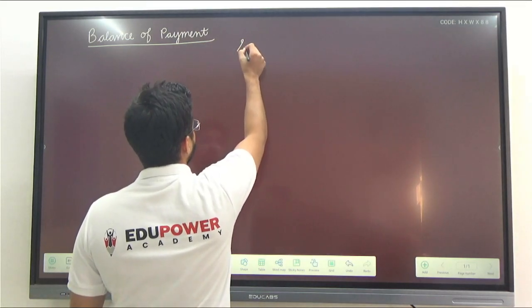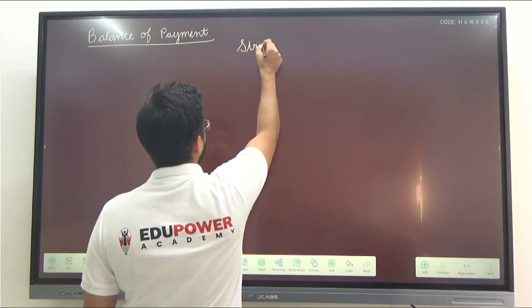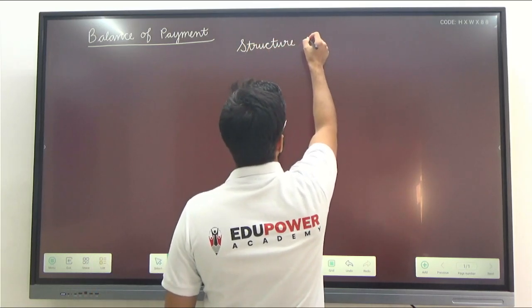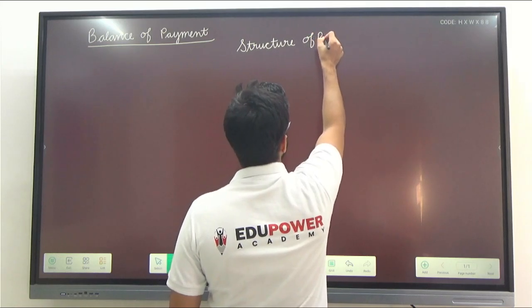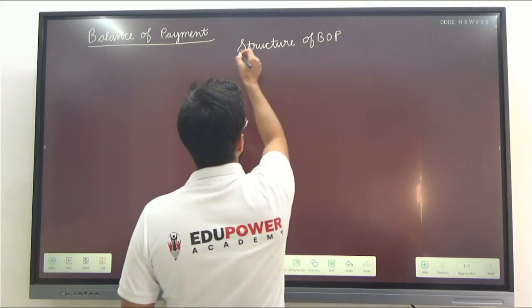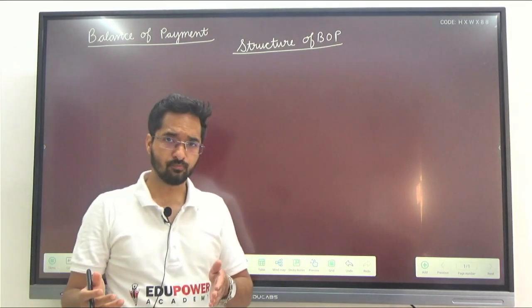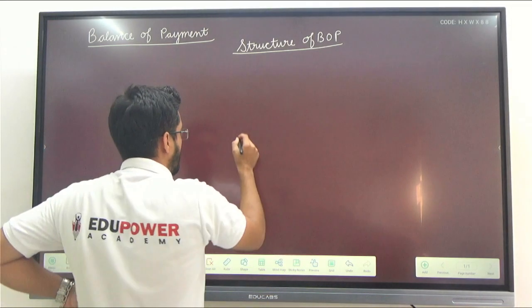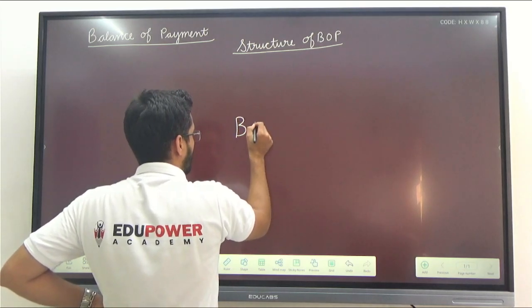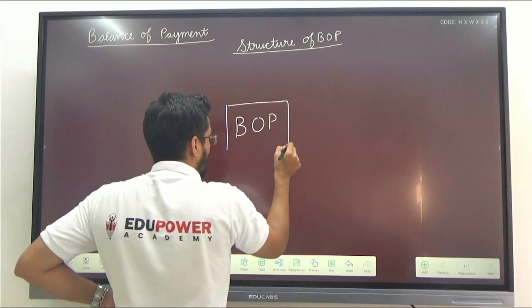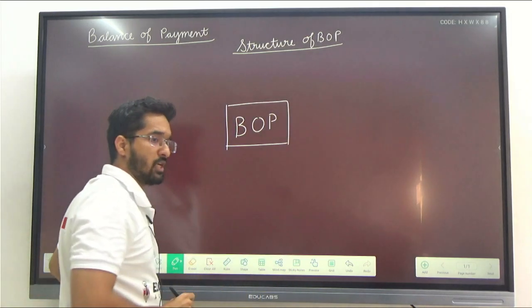Next heading is structure of BOP. So basically what is BOP? BOP is an account which records all the economic transactions between the residents of India and the rest of the world.